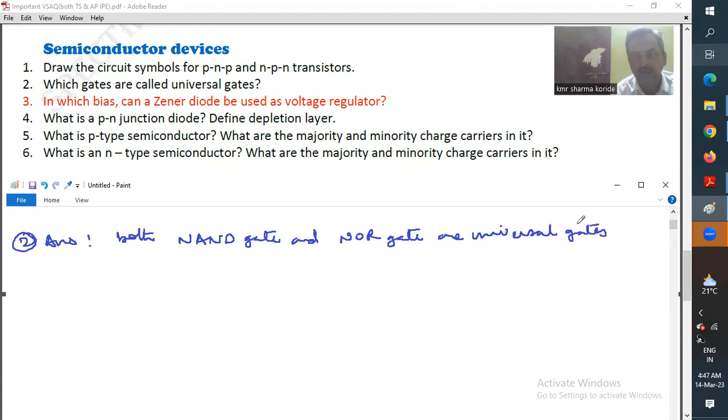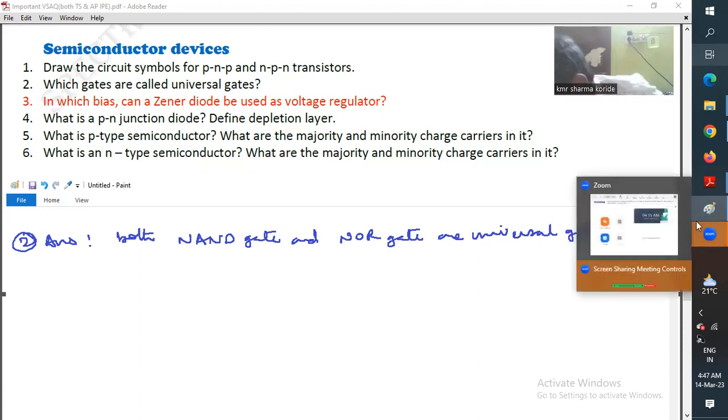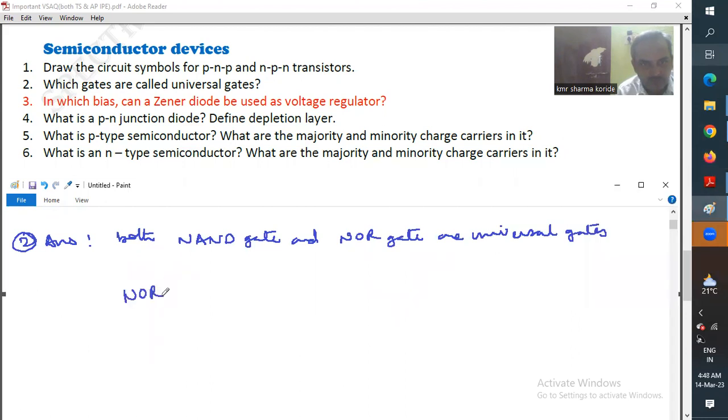The reason is, you can make use of a NOR gate and a NAND gate to get a NOT gate. So you require one NOR gate to get a NOT gate.